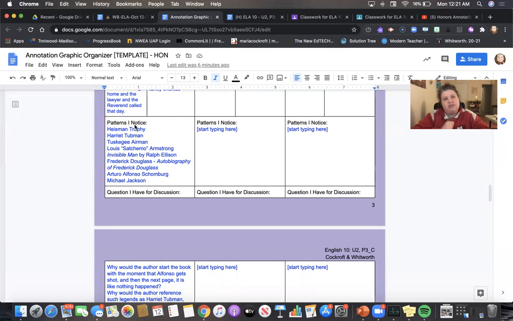Like he compared himself to getting the Heisman, which is in football, as he was going around Harlem on his bike, which basically makes me think, oh, okay, you're really good at this. Because to get a Heisman Trophy, you have to be really good at football. Okay. He also references the Tuskegee Airmen, Armstrong, Invisible Man by Ralph Ellison, Frederick Douglass, Michael Jackson, etc.